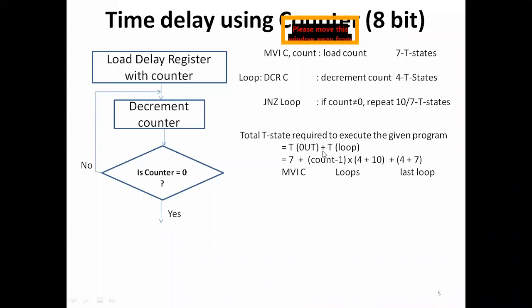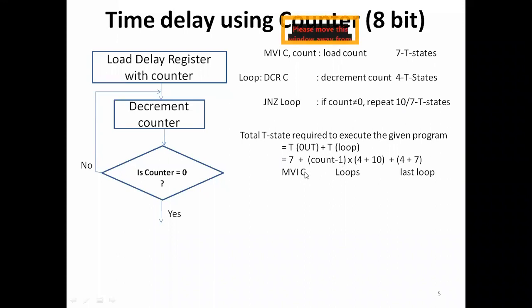T out, we know, is 7, so I will write 7. Then T loop will take 4 plus 10 T states for the first iteration, 4 plus 10 for the second, 4 plus 10 for the third, 4 plus 10 for the fourth. It depends up to count minus 1.